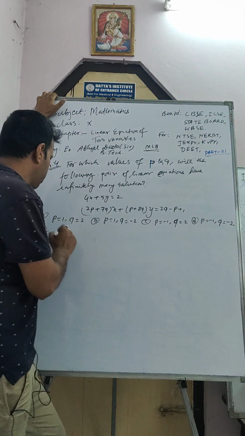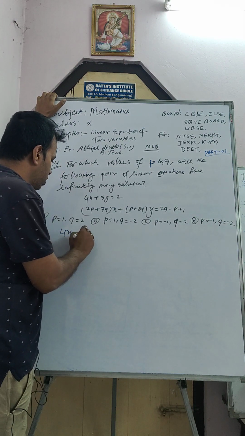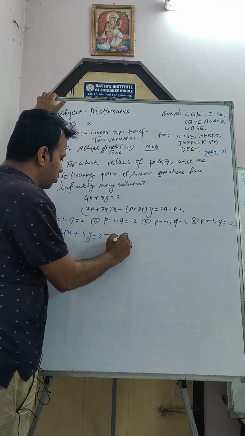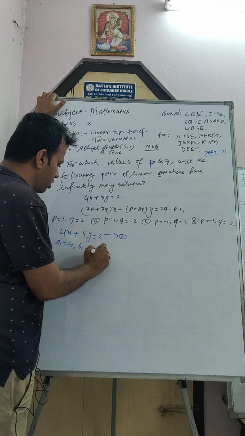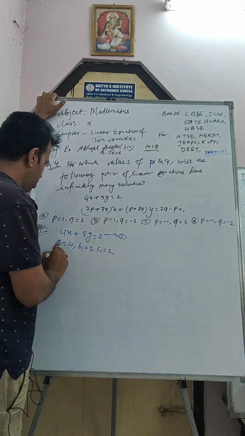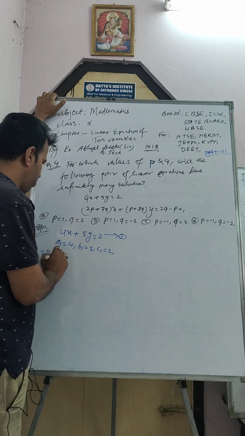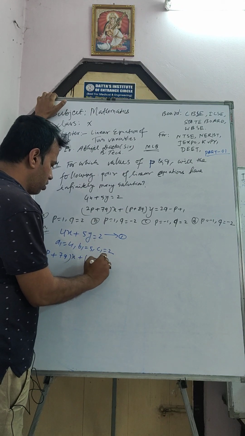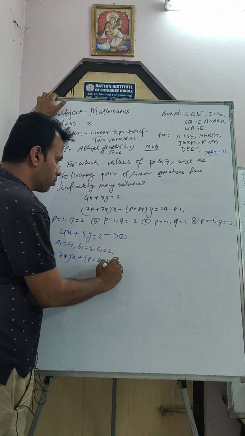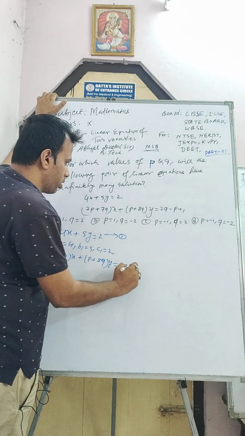So let's try. First 4x plus 5y equal to 2, this is equation 1. So a1 is 4, b1 is 5 and c1 is 2. Then 2p plus 7q x plus p plus 8q y equal to 2q minus p plus 1.